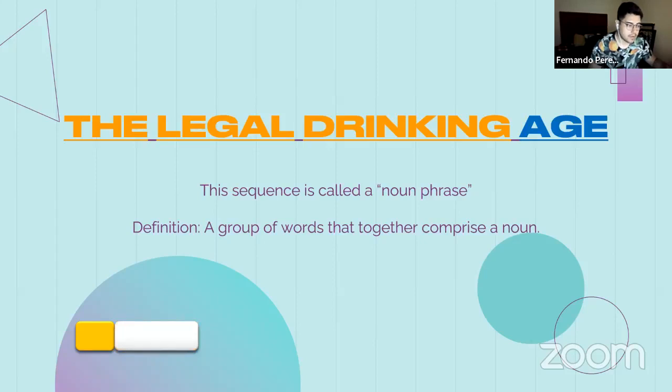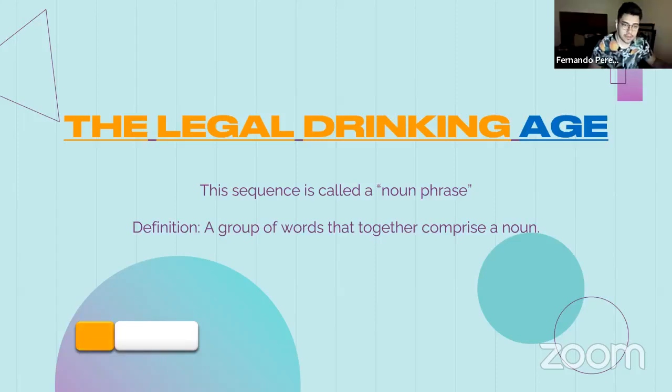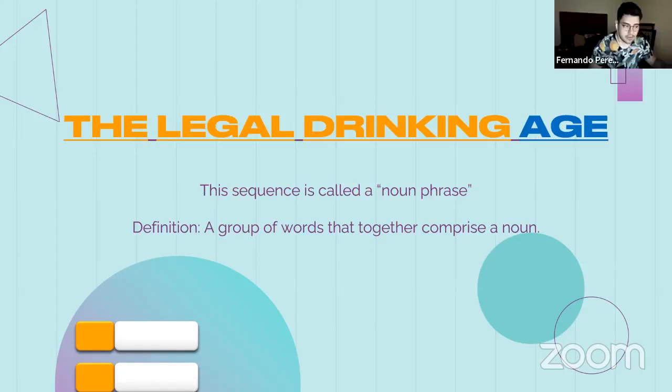What do we describe with color orange? Subject. Incorrect. We never use orange for subjects. Adjective. Exactly. Color orange is used for adjectives.